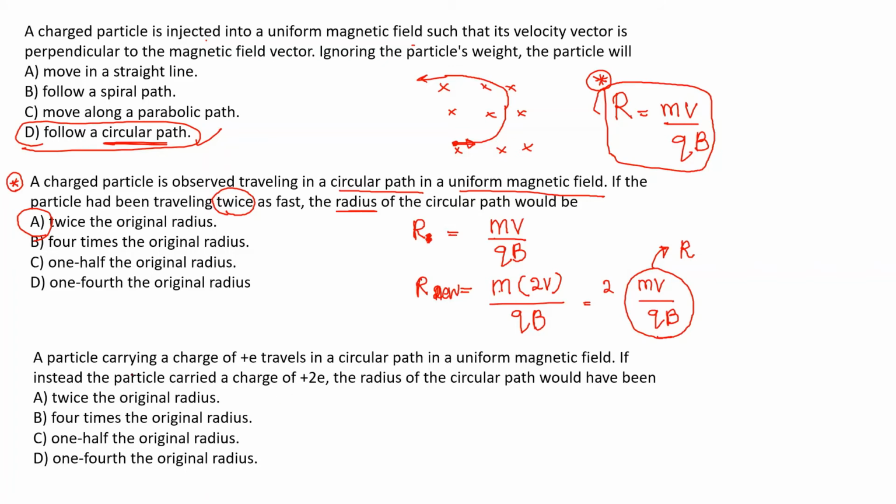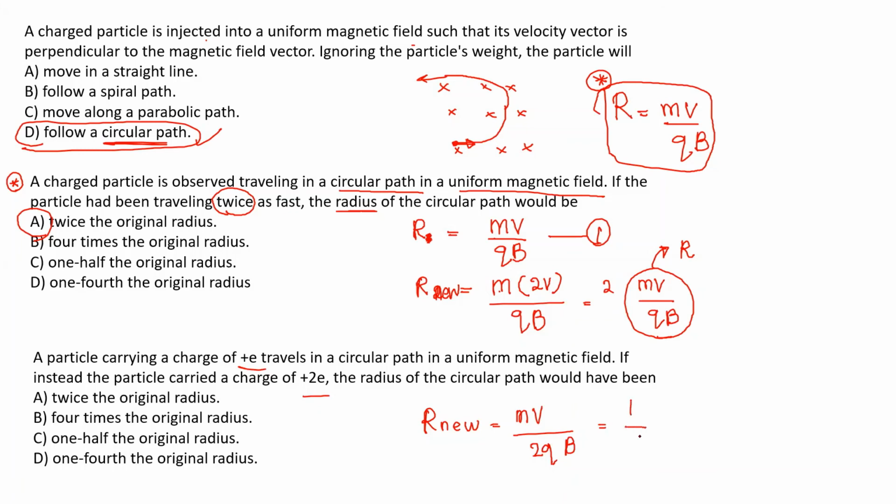So the last one: a particle carrying a charge of plus e travels in a circular path in a uniform magnetic field. If the particle is now 2e, so what they do is double the charge and ask for the radius. Let me write R new for this. mv, and they made q twice, 2q or 2e, anything.